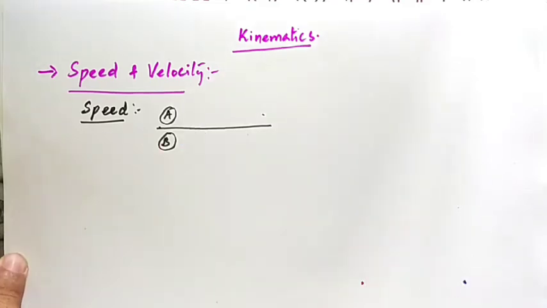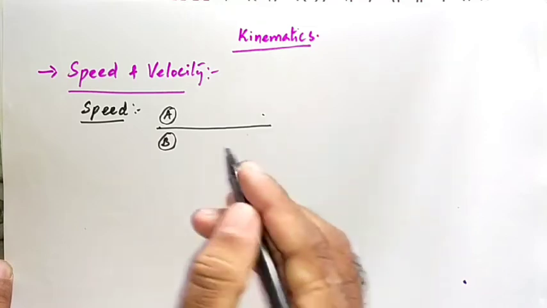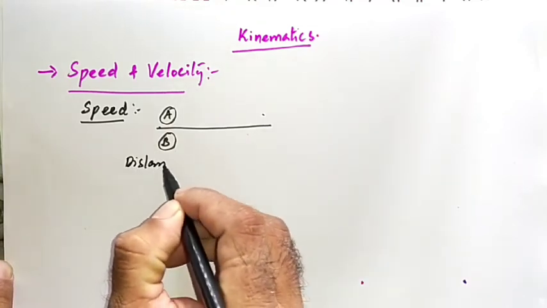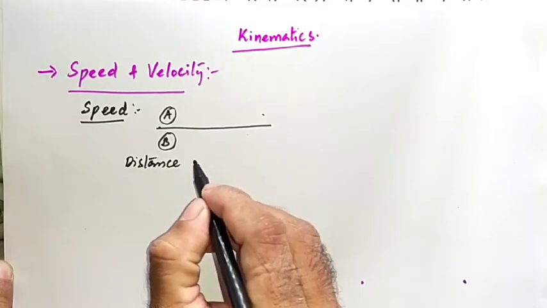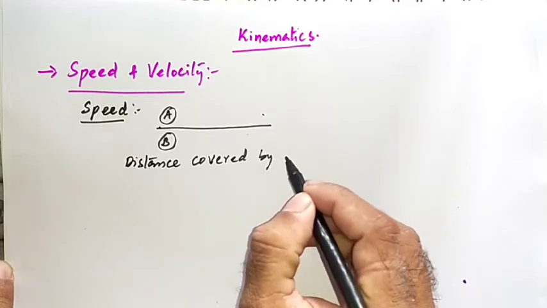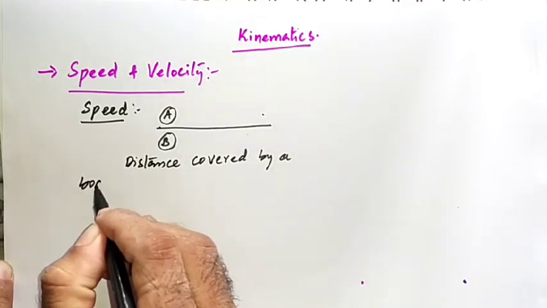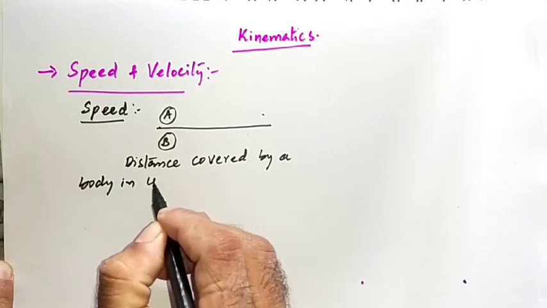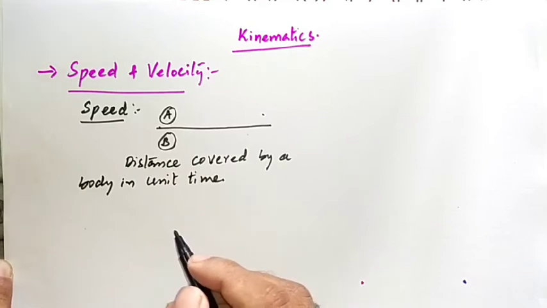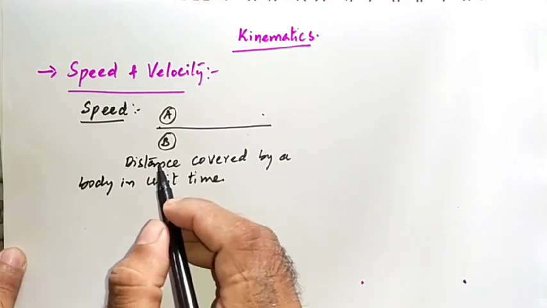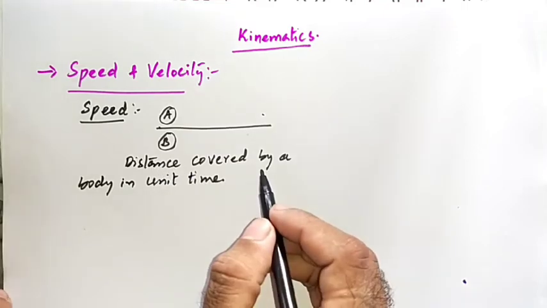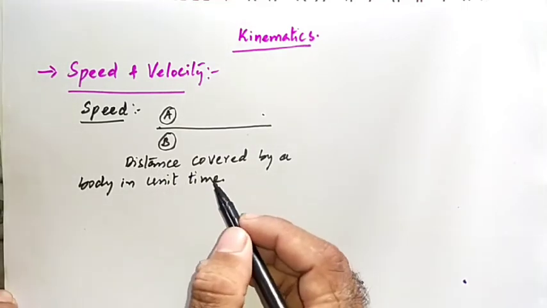Now let us see the physical meaning of speed. Speed is defined as the distance covered by a body in unit time. Speed is nothing but how much distance it covers in a given time interval.